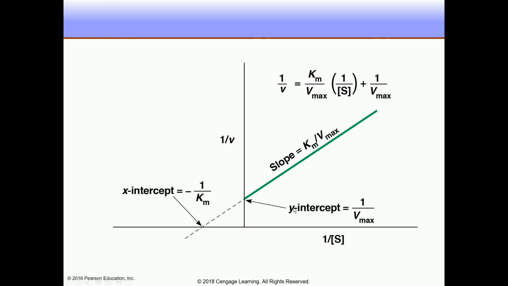So if we know the y-intercept, we can calculate the Vmax value. Similarly, the x-intercept is equal to minus 1 divided by Km. So if we know the x-intercept, we know the Km value.